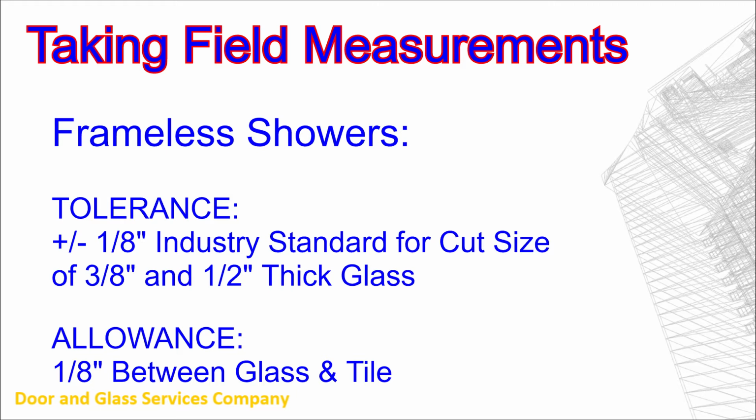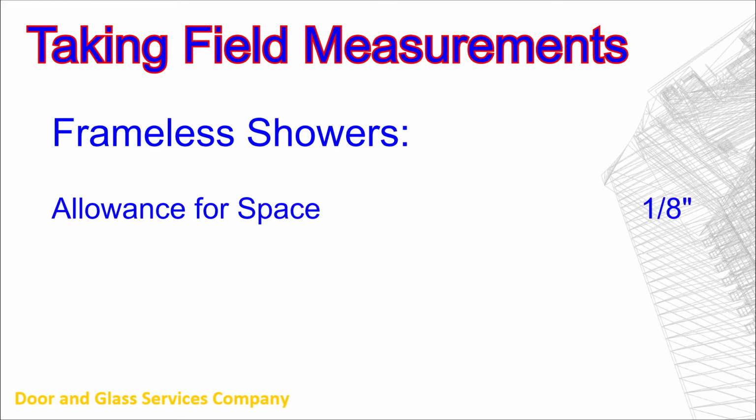Interestingly, the tolerance of the glass size is what causes us to have a 1/8 inch allowance between the glass and the tile. We can't allow any less space than that and expect for our measurements in showers to work out for us. Tolerance and allowance are what allows us to set quality standards for different kinds of work.